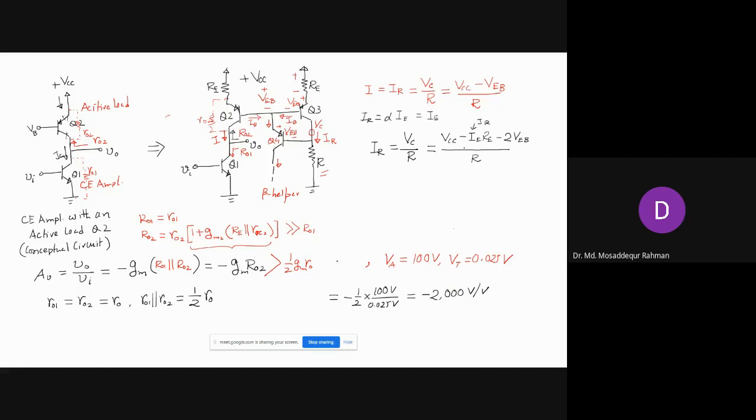Then we can express IR as VCC minus the total voltage drop here, which is 2 VEB, the voltage drop in the two PN junctions, divided by the total resistance here, which is R plus RE. Is that clear?